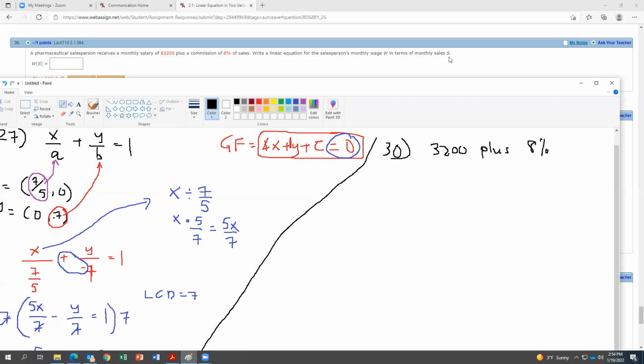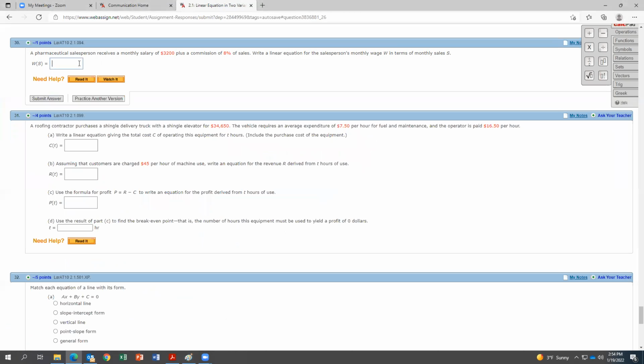The W and the S are capital letters. If you use a small letter s here, they will mark you wrong. So make sure you know that we are using capital letters here, not small letters.